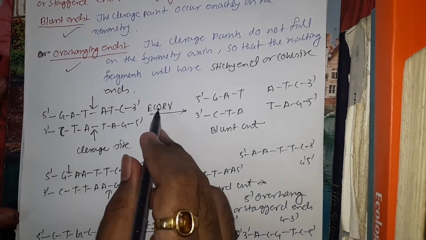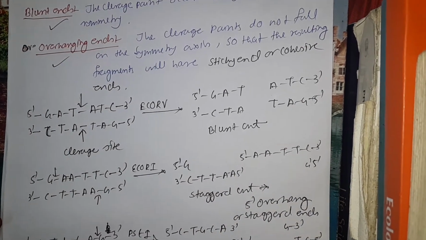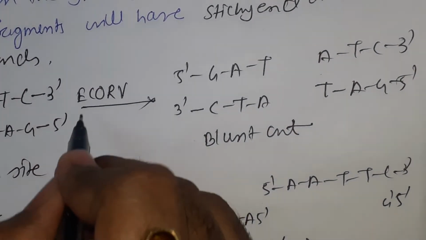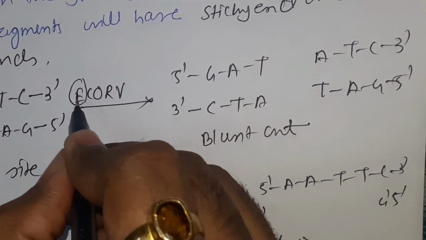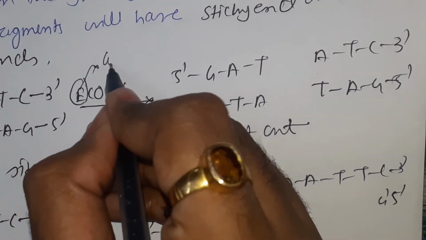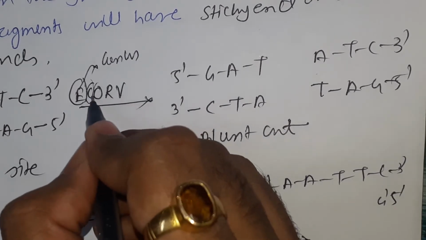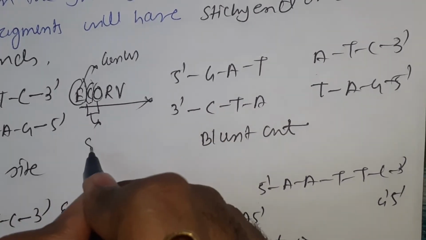In our previous video I already discussed how we name these restriction enzymes. Let's repeat it once again. The first word tells us the genus from which it is isolated. The second and third words tell us about the species.